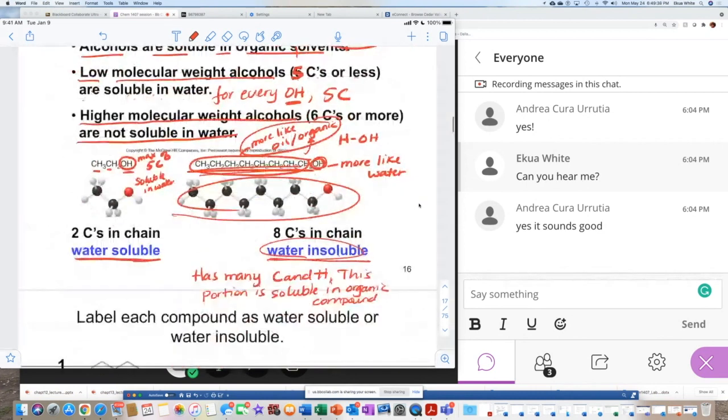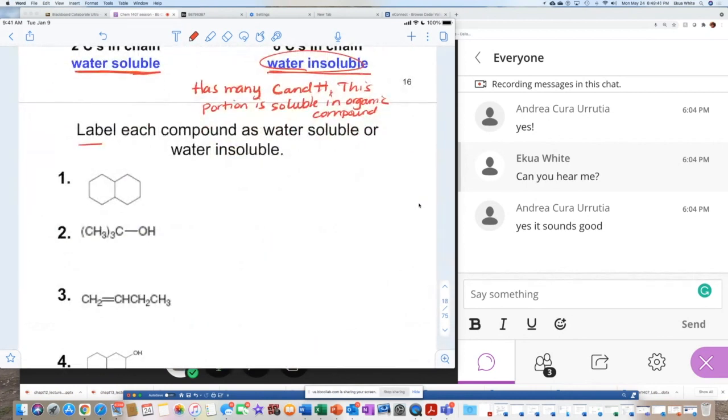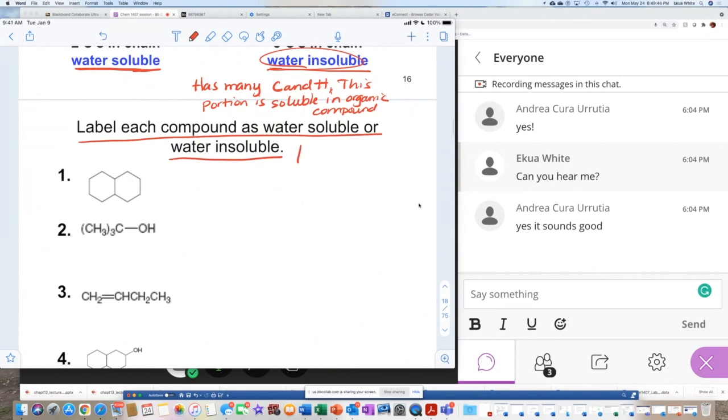Okay, so here we're told label each compound as water soluble or insoluble. To kind of make things simple for this part, we are looking for number one, polar compound, because polar compounds like sugar can dissolve in water.